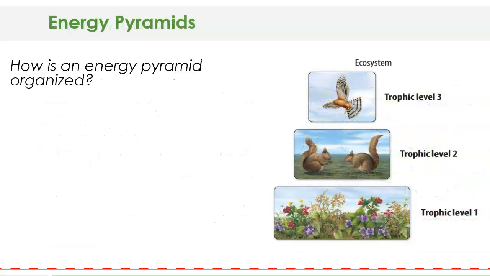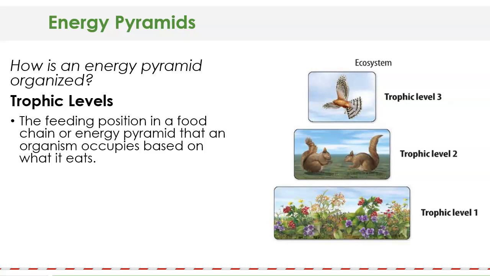So how is it organized? Well, it's organized into things that we call trophic levels. A trophic level is the feeding position in a food chain or an energy pyramid that an organism occupies based on what it eats.